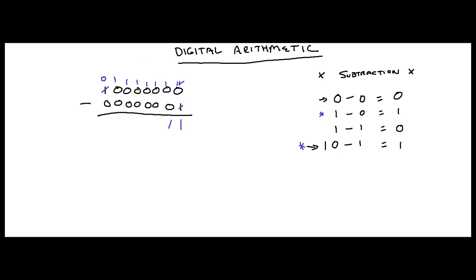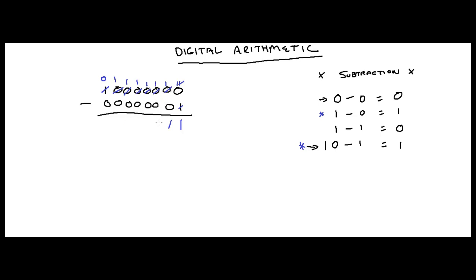Right? So if you look at all of these 1s, I didn't cross these out when I was borrowing, I'm sorry. But these are all replaced, right?